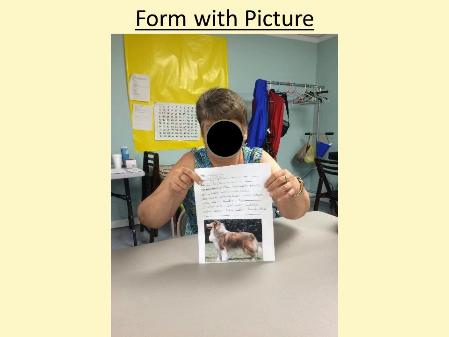She was able to work on some fine motor skills, and all of the students had to write or type at least 4 sentences. It didn't matter if the sentences were short or long, it's what their ability was going to be. And then she pasted her picture of the dog onto the bottom of her sheet.